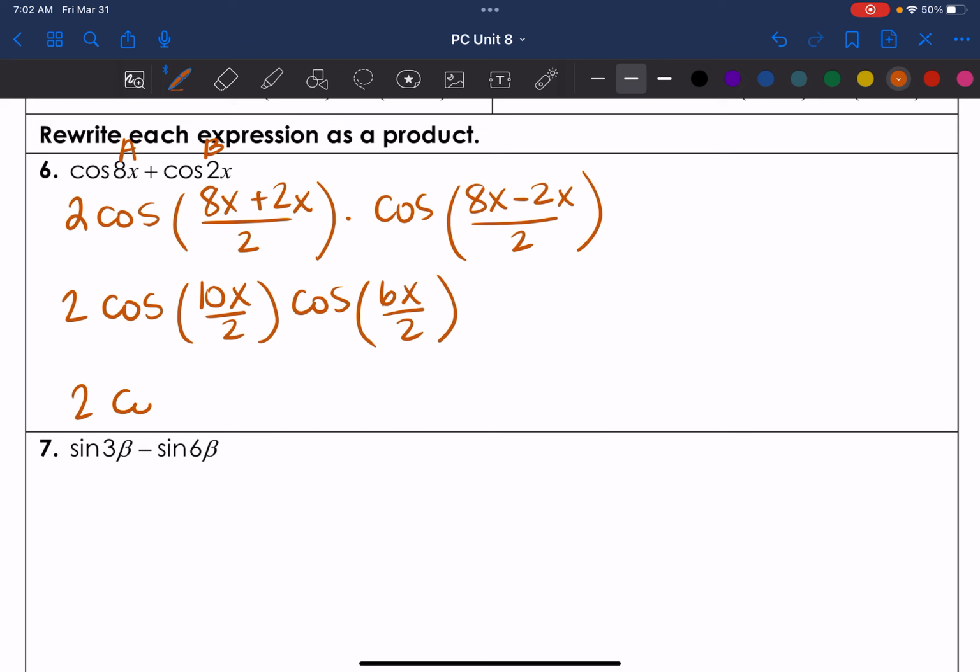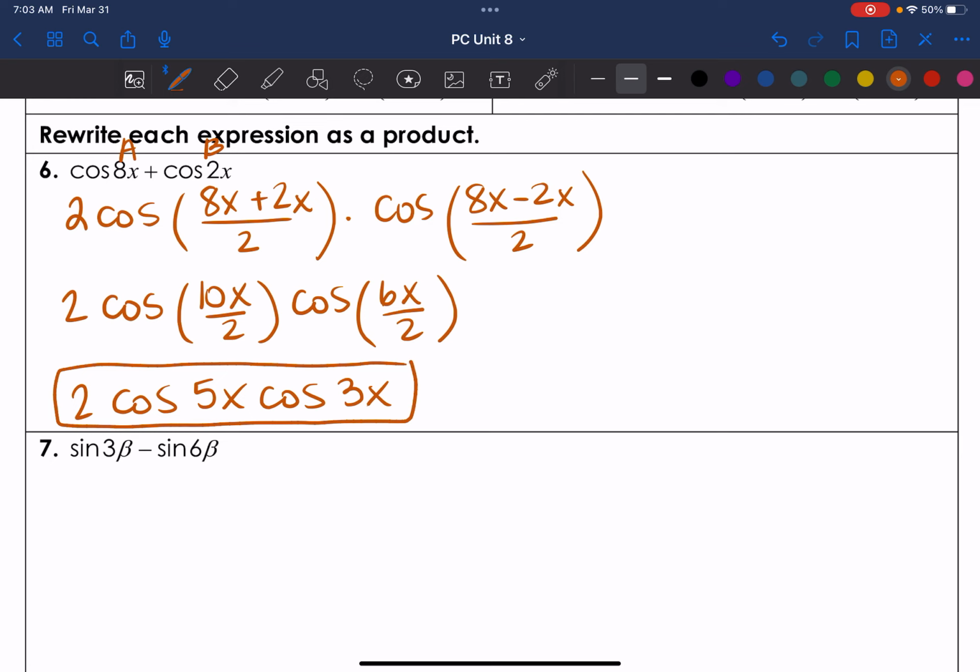So this would be 2 cosine of 5x cosine of 3x. Just 10 divided by 2 is 5, and 6 divided by 2 is 3. And that's it. It's simplified as much as it can. See how there's no more plus signs or minus signs? That's what you want. Just everything all next to each other like that.